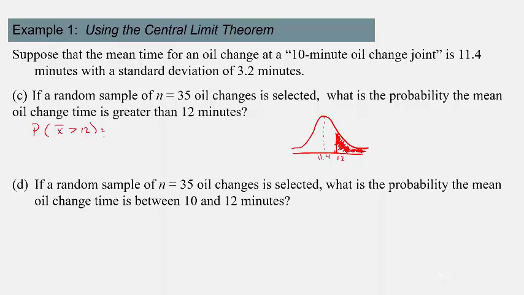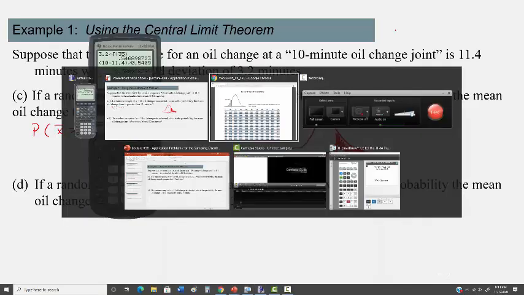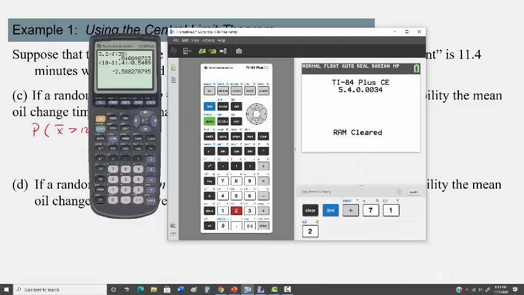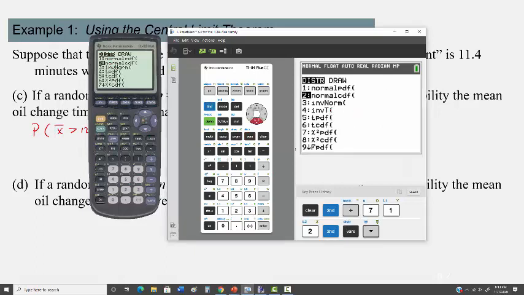So to do this in your calculator, in your TI-83 or your TI-84, it's just going to be second function distribution, the normal CDF. Okay?